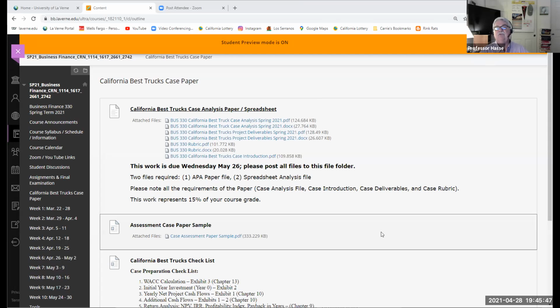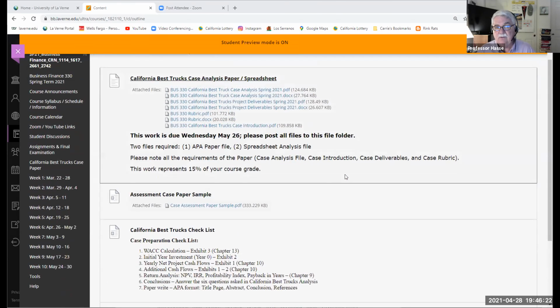You can submit a draft of your spreadsheet file of your initial analysis to me for review prior to the completion date, so I can point you in the right direction and make sure you know that you're on solid ground with your analysis. You can't send me a draft of your paper, but you can send me a draft of your analysis, and I will point you in the right direction if it's incorrect. So please take advantage of that. That's very helpful.